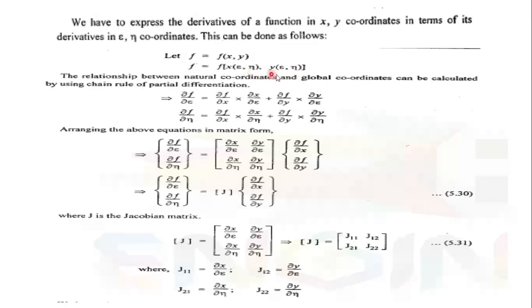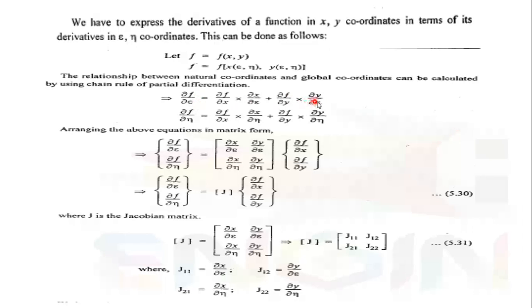In order to represent this relation between natural and global coordinates, we go back to the chain rule of partial differentiation. So we'll use the mathematical formulation here, to relate the two coordinate systems, x and y, with eta and zeta.